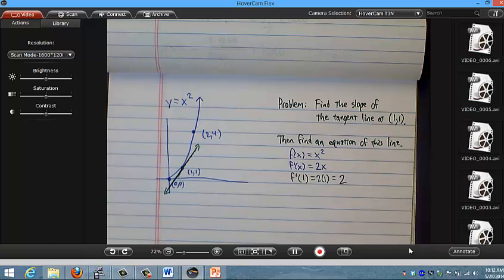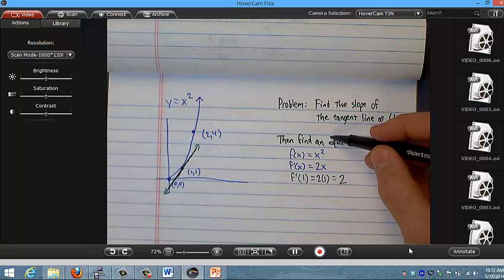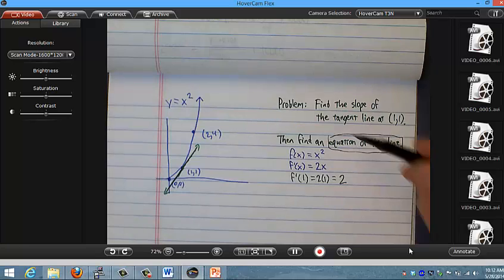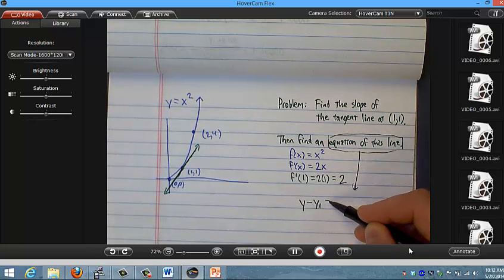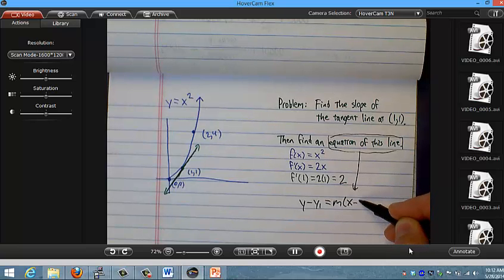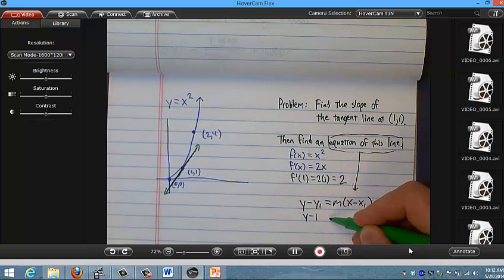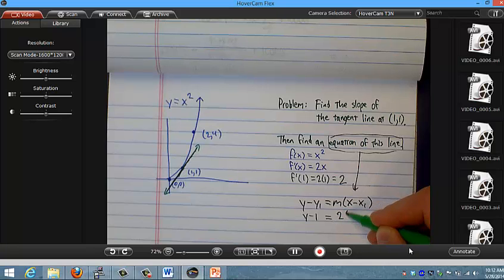Oh, also find an equation of this line. Let me go over that also, just because these are the kinds of things you're going to have to do next Monday. So when we say find an equation, most people that I saw were using point-slope form. That's useful if you know the slope and you know the point. And we do, right? We have everything we need, and so people wrote down, well, y minus 1 is 2 times x minus 1.